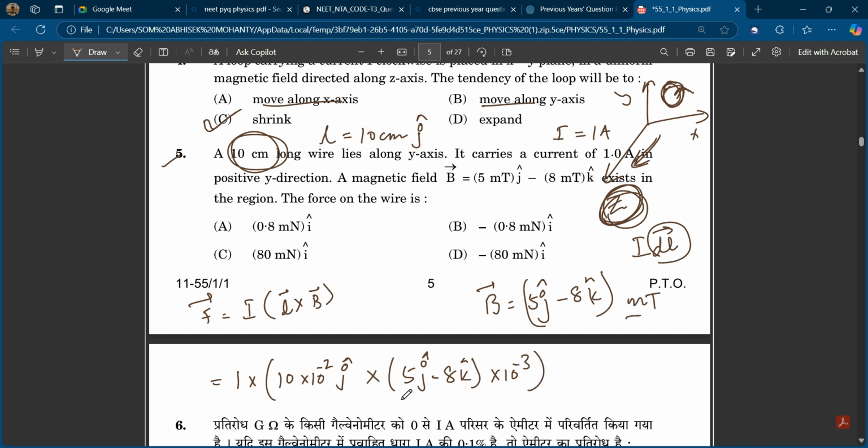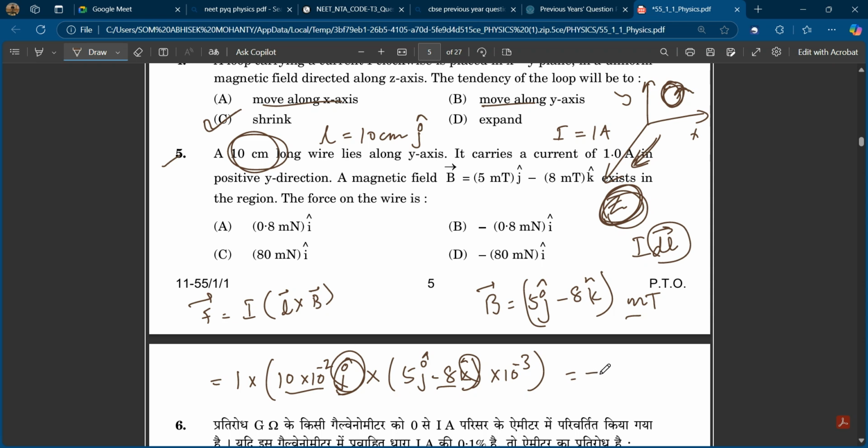Here j cap cross j cap is 0, because the same cross product j cross j is 0. So j cross k will only be there. So i cap and 10 to the minus 1 into minus 8.